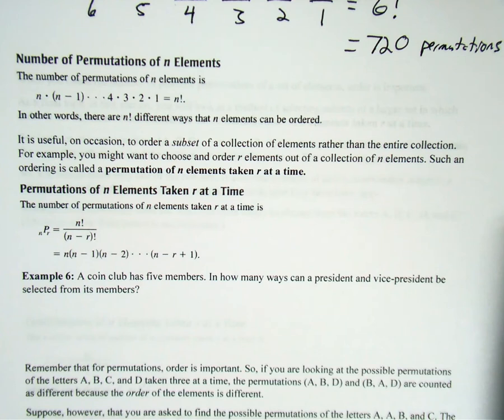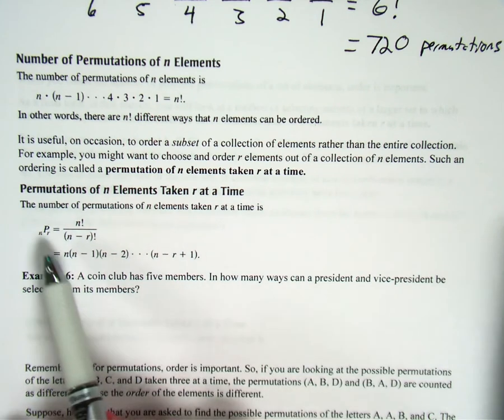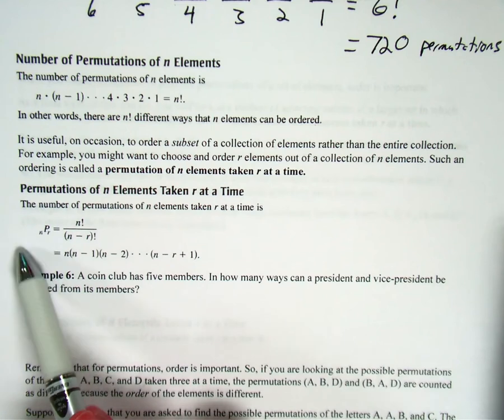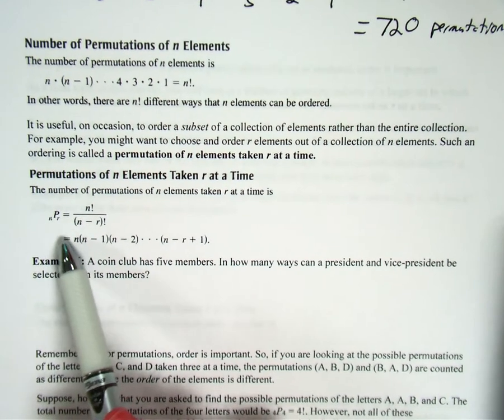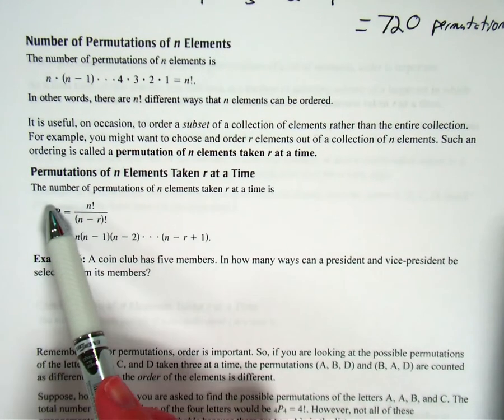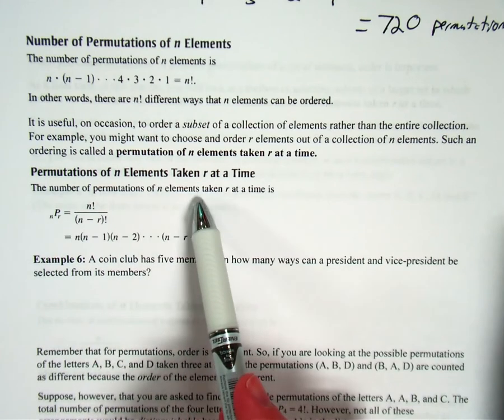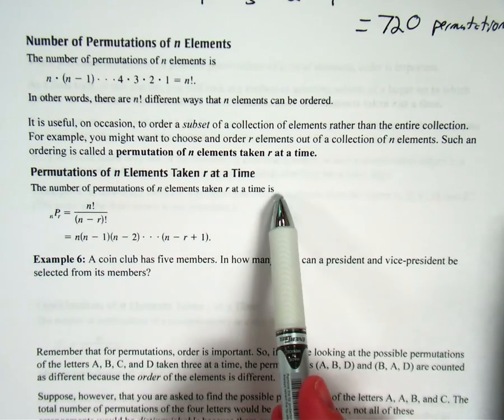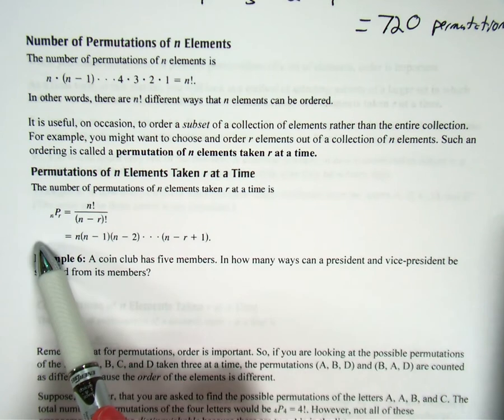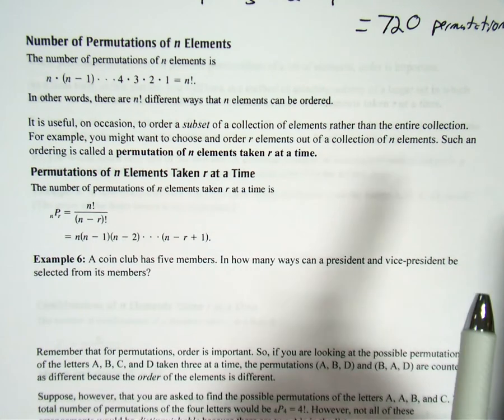Such an ordering is called a permutation of n elements taken r at a time. That's when we see the nPr, like we saw the nCr yesterday. So the number of permutations of n elements taken r at a time is n factorial over n minus r factorial.